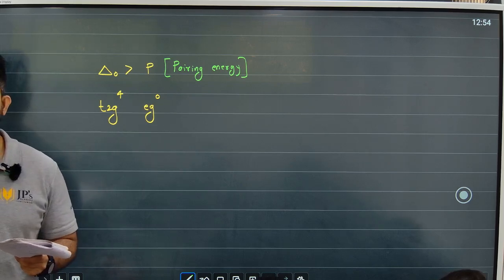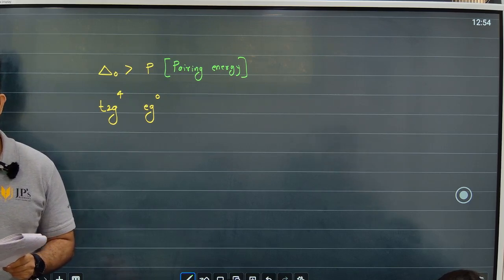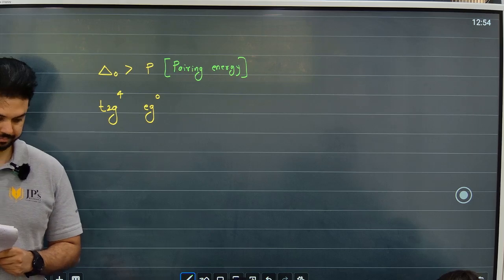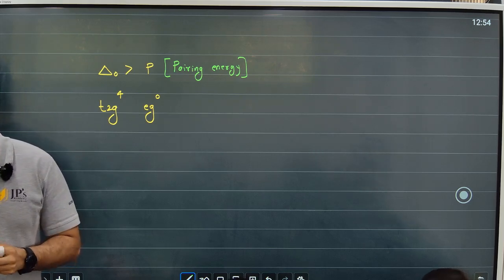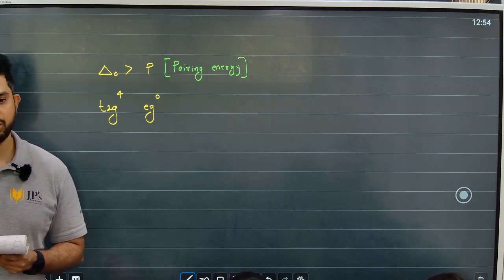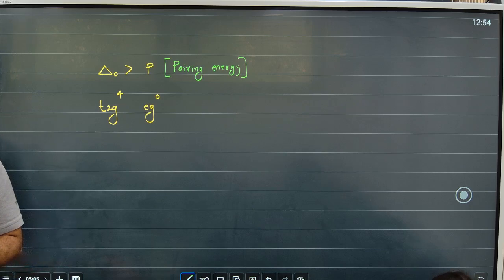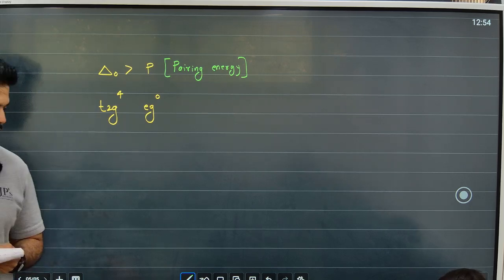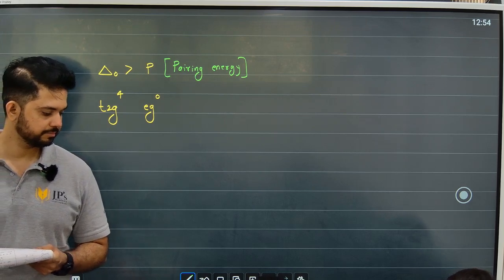SFL, strong field ligands. And what do they form, people? Low spin complexes.